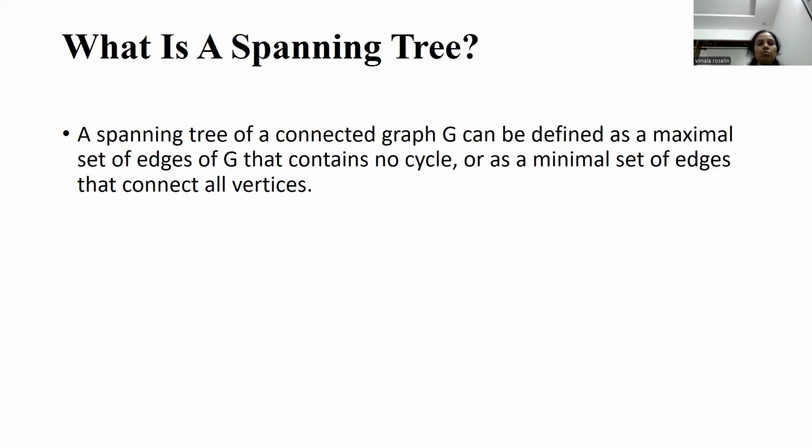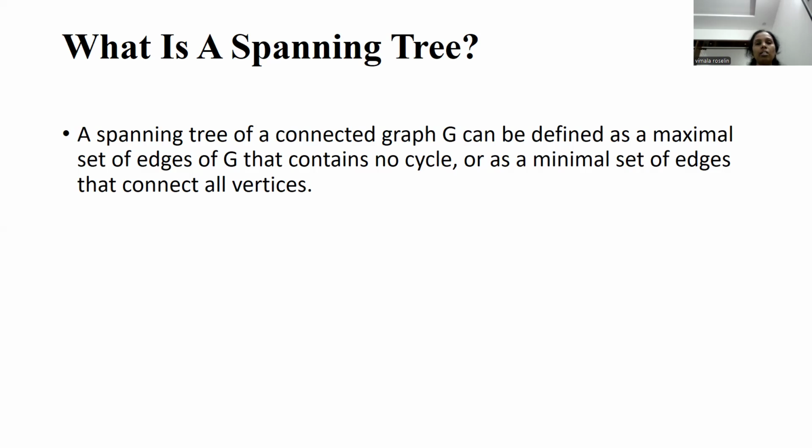Before that, we should know what a spanning tree is. A spanning tree of a connected graph G is a set of edges of G that contains no cycles and connects all the vertices.